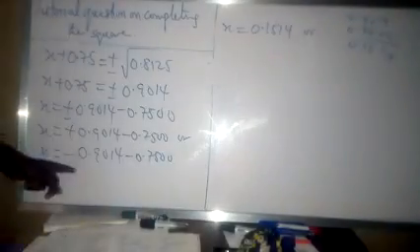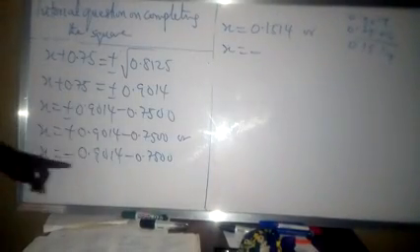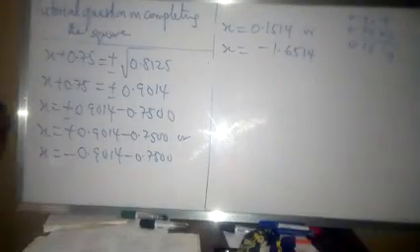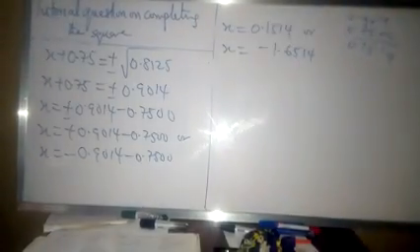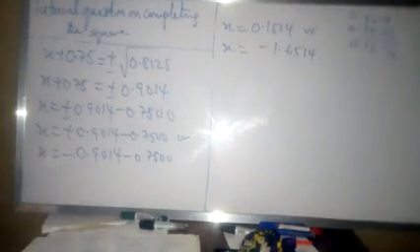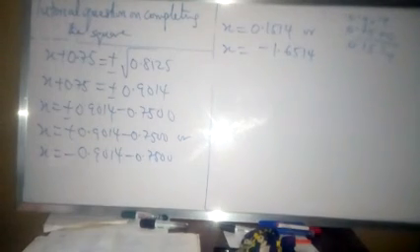Now the other one, x equals minus 0.9014 minus 0.7500, because this one has minus signs all through. So you're adding 0.9014 and 0.7500, and your answer is 0.1514 or minus 1.6514. So that is it about the problem.